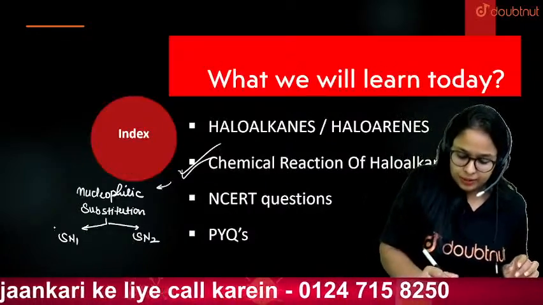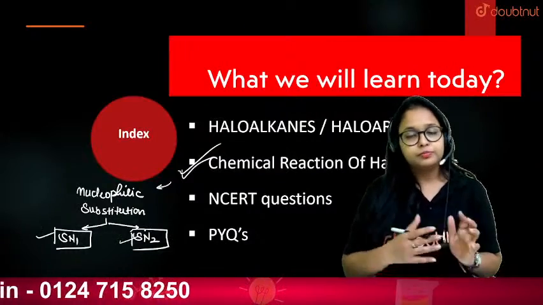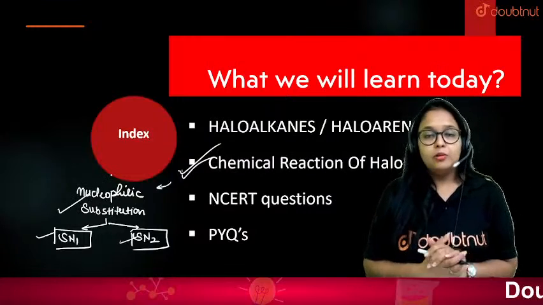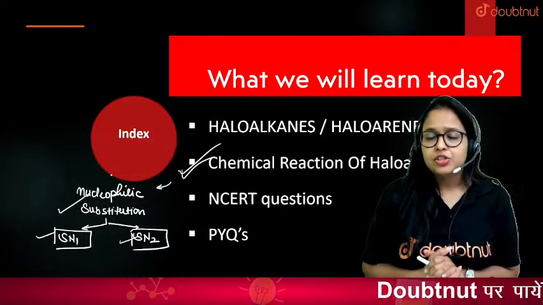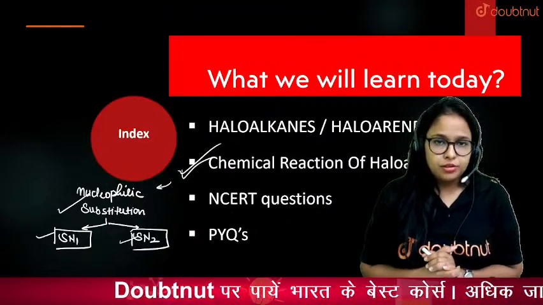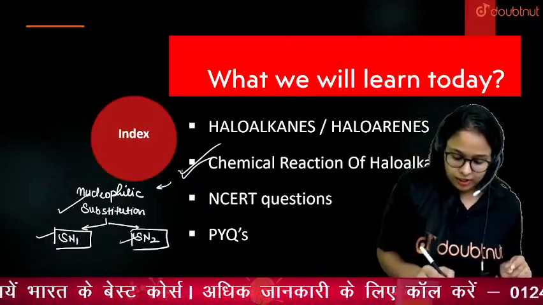We'll do a complete detailed explanation and study of SN1 and SN2 reactions. But let's first understand what a nucleophilic substitution reaction is and why haloalkanes usually show it. Whatever we did before, I'll give you a quick recap for that also.